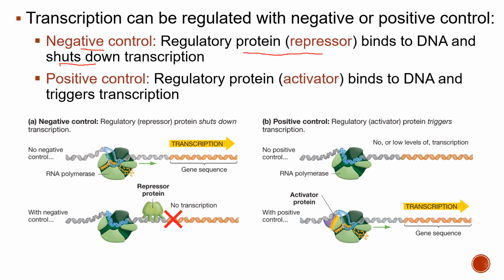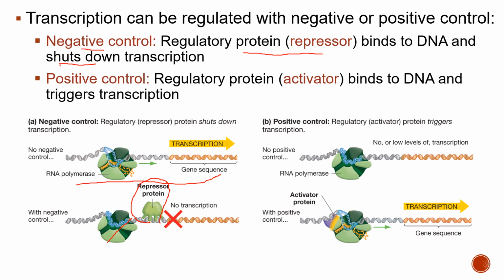Typically, RNA polymerase attaches to the promoter, and we get transcription. However, if a repressor protein binds to the gene or to the promoter, that will prevent RNA polymerase. It can't actually transcribe it. So this is an example of negative control.